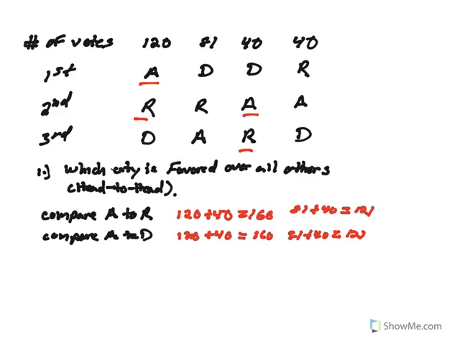All right. Since city A is favored over both city R and D, we say that city A is favored over all of the cities using the head-to-head comparison. So let's recap what I said.